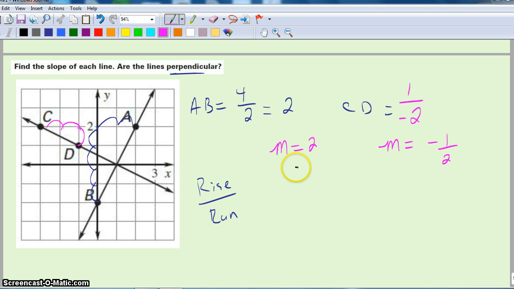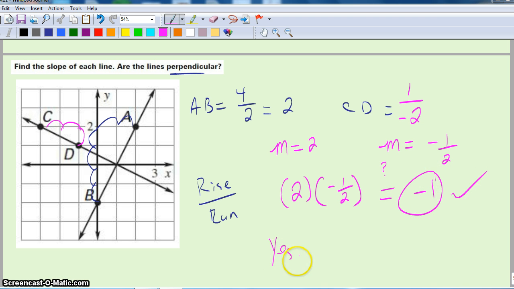And how do I tell if they're perpendicular? We multiply. 2 times negative 1/2. If I get negative 1, then yes, they are perpendicular. If you do not, you say no. So if you multiply these, you get negative 1. If you don't know, use your calculator. Use your phone. Check mark. It does equal negative 1. So which means yes.